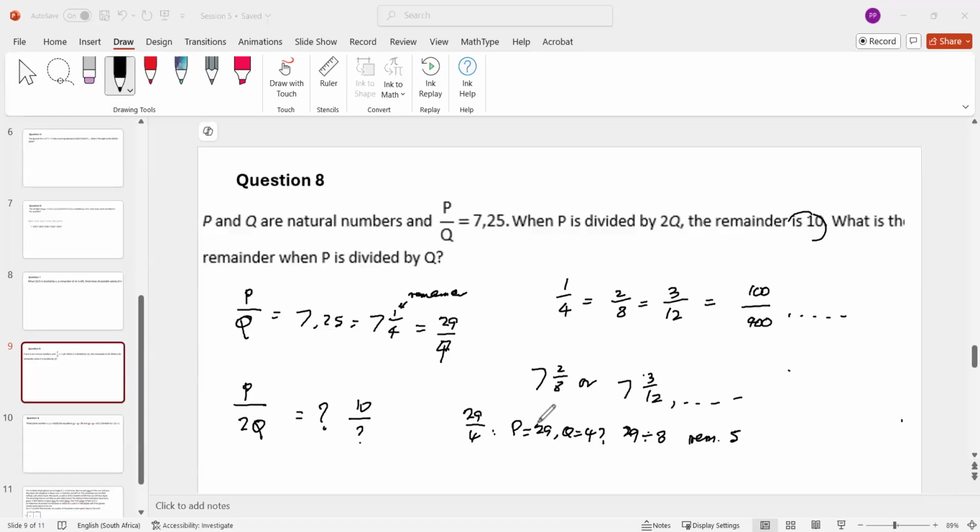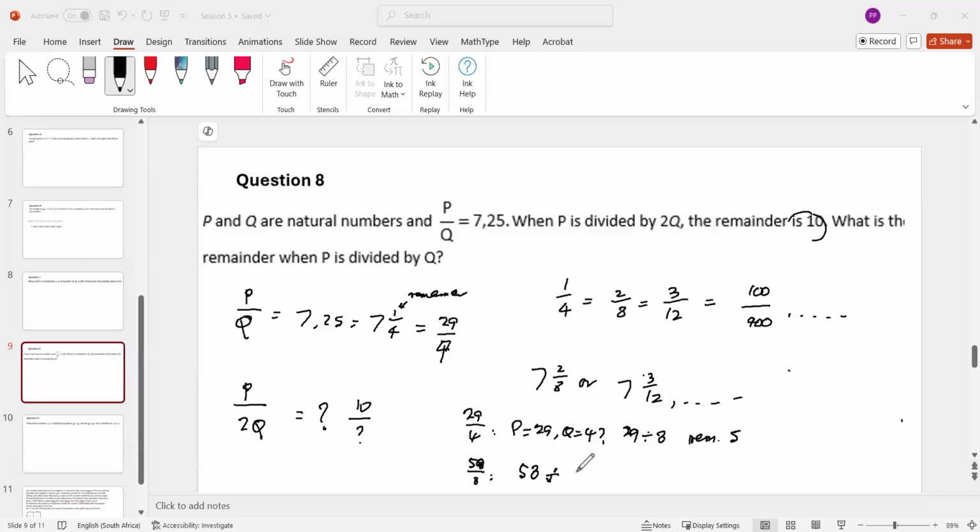Let's try 7 and 2/8. Now that is 56 plus 2 is 58 over 8. Now here 2Q is 16. So suppose P is this 58 and is divided by 2Q.